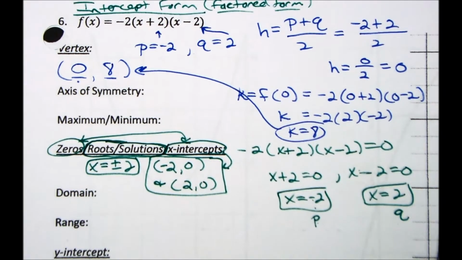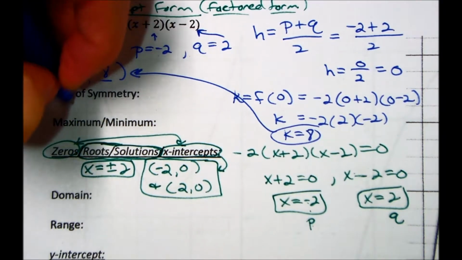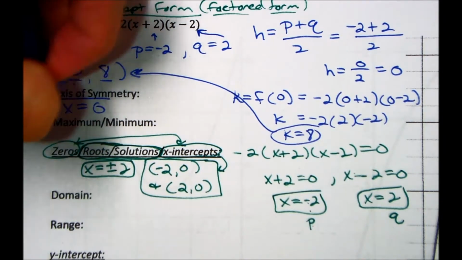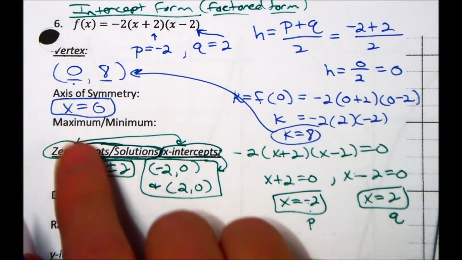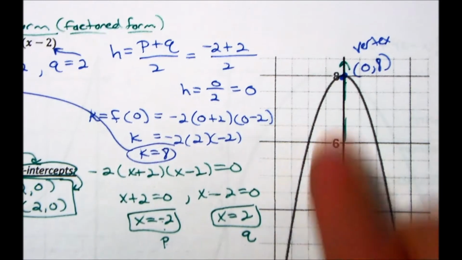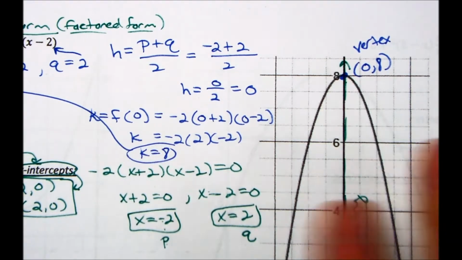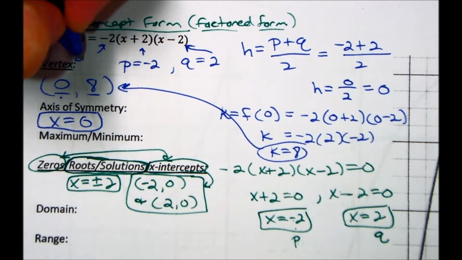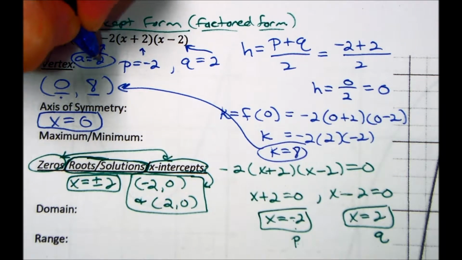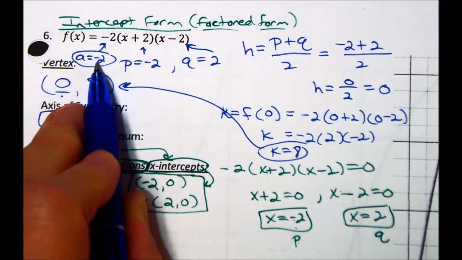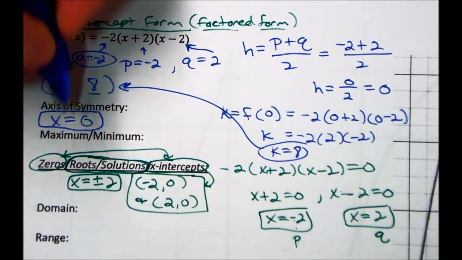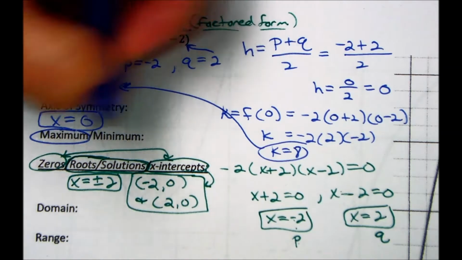All right, so the axis of symmetry is always x equals the x-coordinate of your vertex, which is 0. Don't forget the x equals part. The max or your min. Well, this time the parabola is opening down. Not only can we see it, but if we look at the a value, when the a value is negative, that tells you that the parabola is going to open down, and the vertex will be the highest point on the graph, so you're going to have a maximum value.